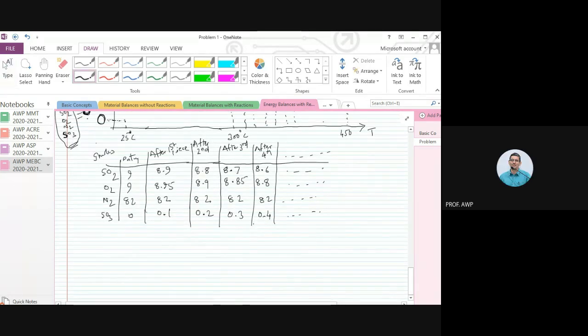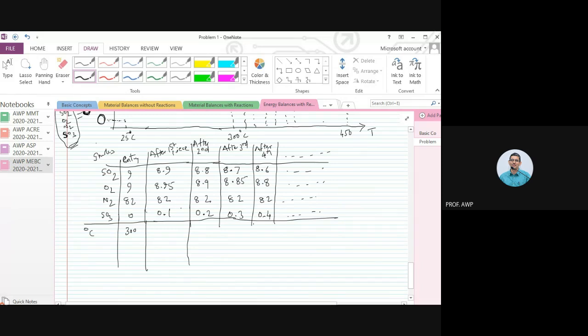Now, what is the temperature at the entry? 300 degrees Celsius. So if I say temperature in terms of degrees centigrade, it would be 300 degrees centigrade. After the first piece, it is an adiabatic piece.